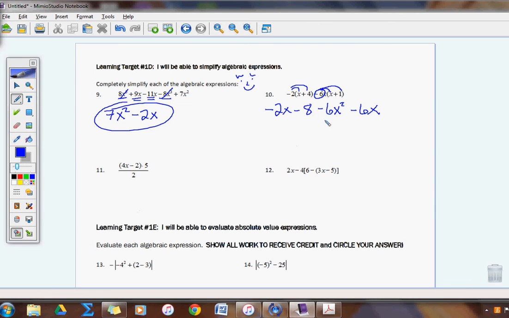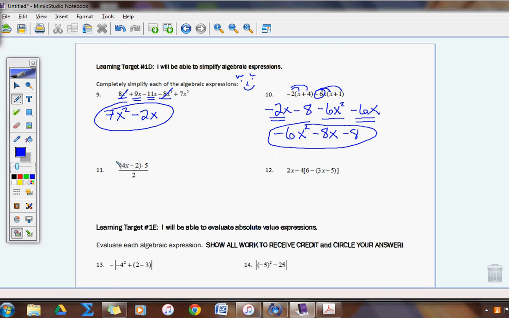And now, again, I like descending order, so I'm going to start with this one. There's no other x squared terms, no like terms with that, but there is a like term to the x. So I've got negative 2x's, I got negative 6x's, I actually have a bunch of negatives, I got negative 8x's. And then we just got to slap on the negative 8 because it doesn't have any other constant terms there. So that's it, right there, final answer.